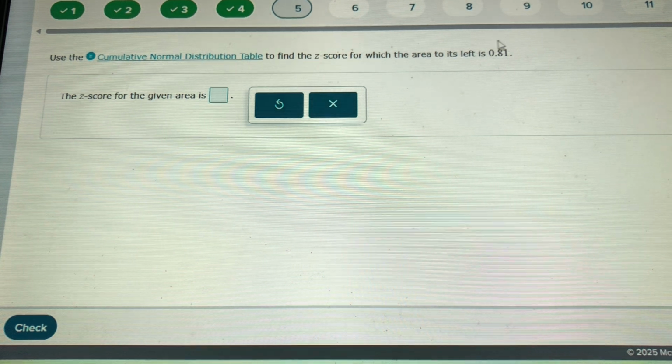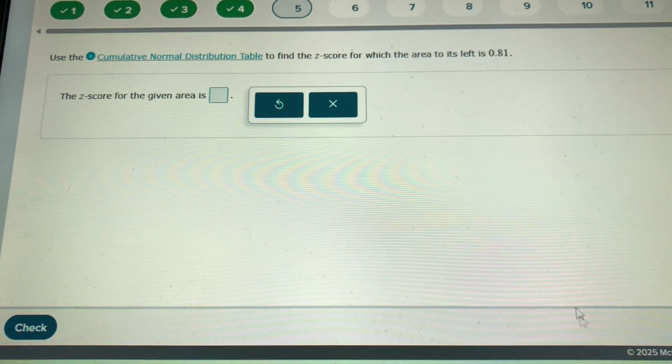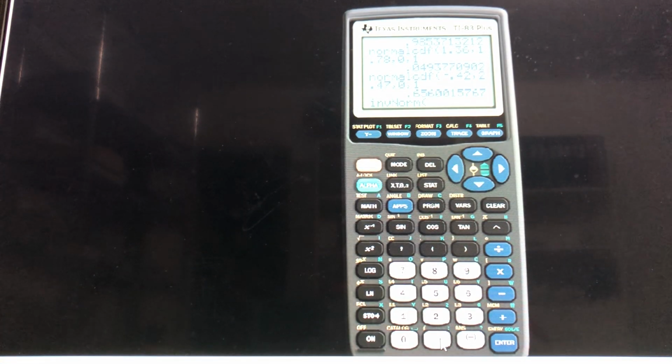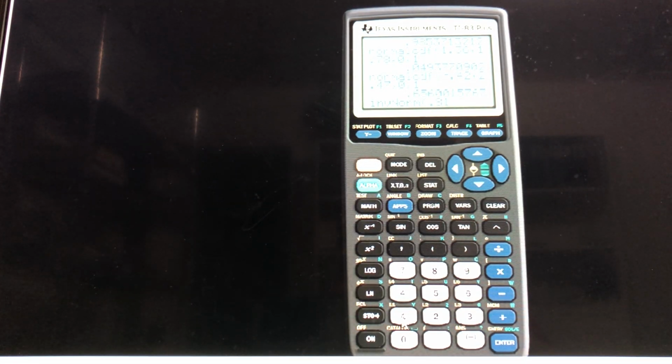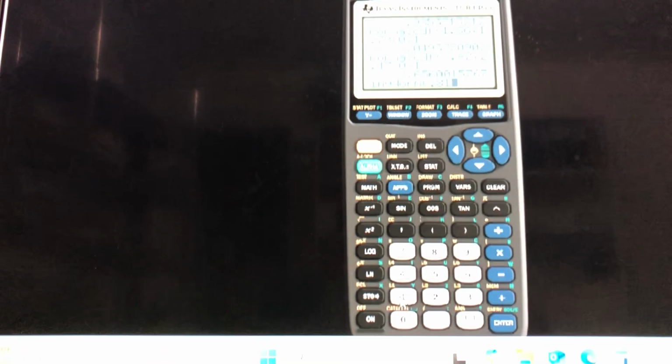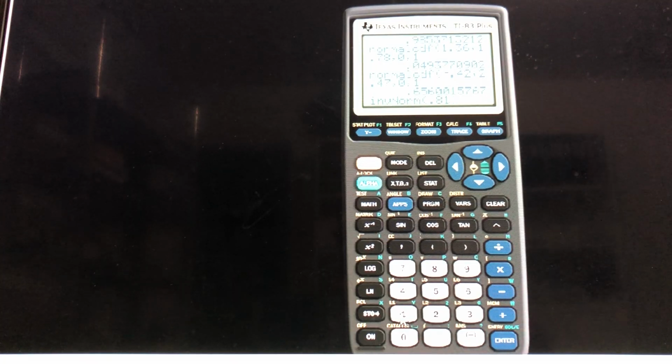So the given area is 0.81, and then 0 and 1. It only needs 3 things. It's not like normal CDF that needs 4. All it needs is the area first and then the mean and the standard deviation, which are still 0 and 1 until we get past this section. Area to the left. That's what inverse norm is built to do.